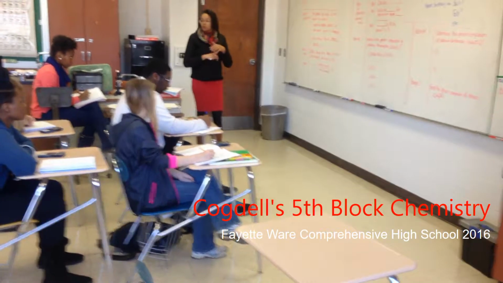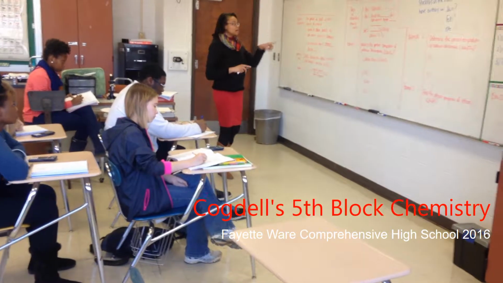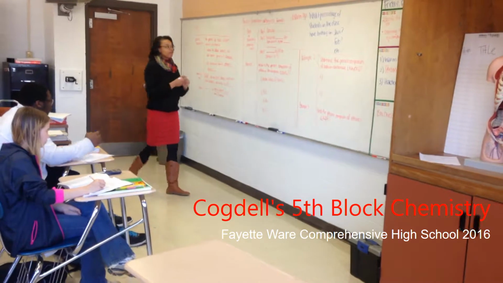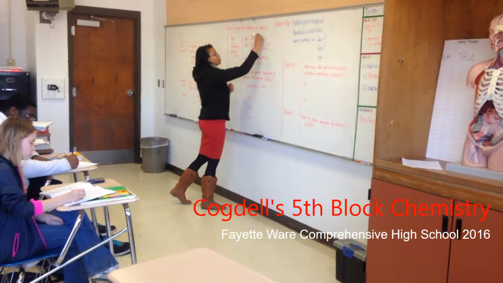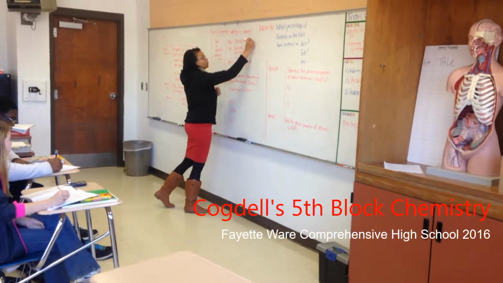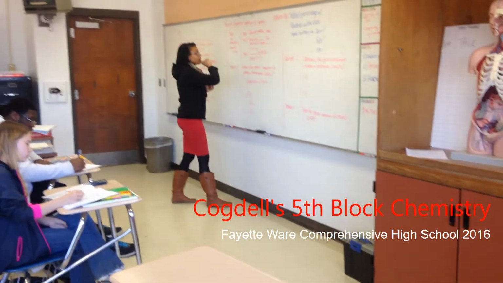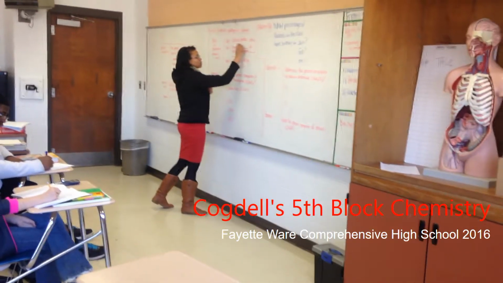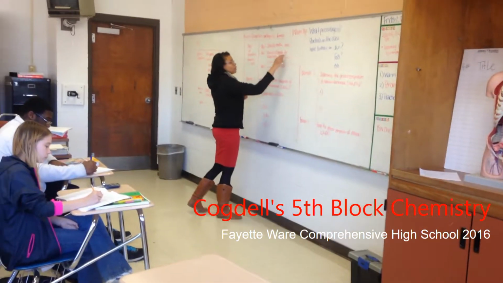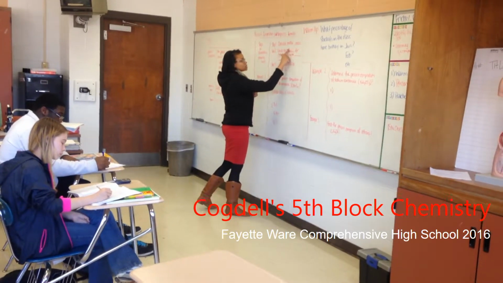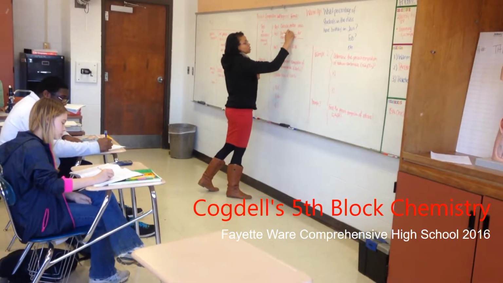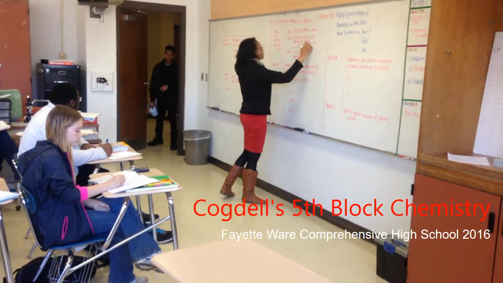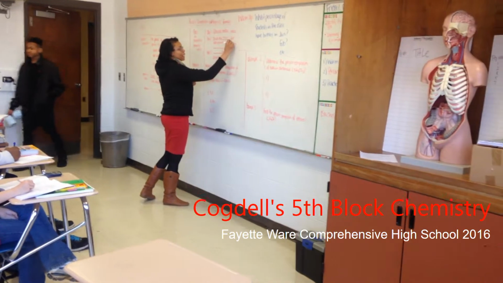Okay, so steps to calculating percent by mass. Whenever you're calculating percent by mass, the very first thing that you do is you calculate the molar mass, which we've done a few times this week. Y'all did pretty good on that. The next thing that you do is you divide the atomic mass for each element by the molar mass.